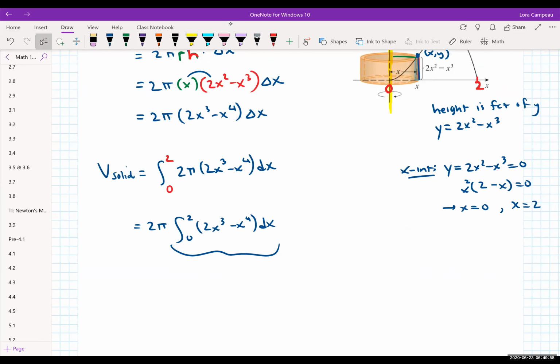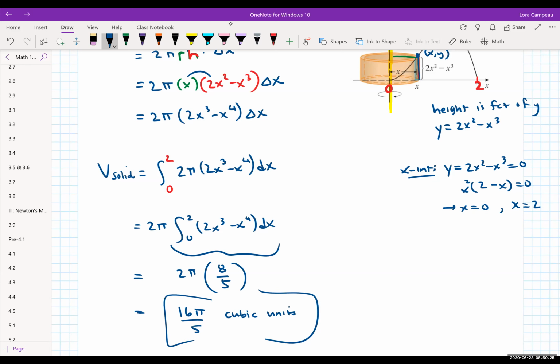If you type that in, that should give us 8/5. I always like the exact answer, and usually exams and quizzes ask for exact answers. So we have 2 pi times 8/5, which gives us 16 pi/5. And don't forget it's volume, so it's cubic units.